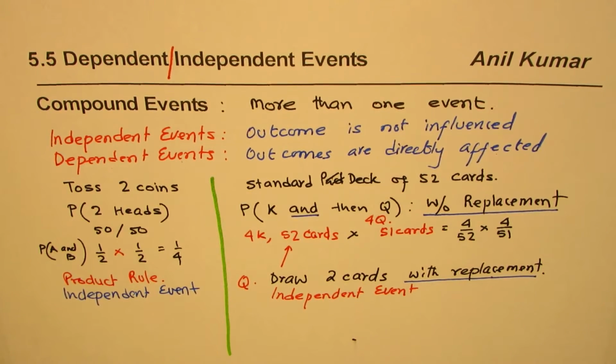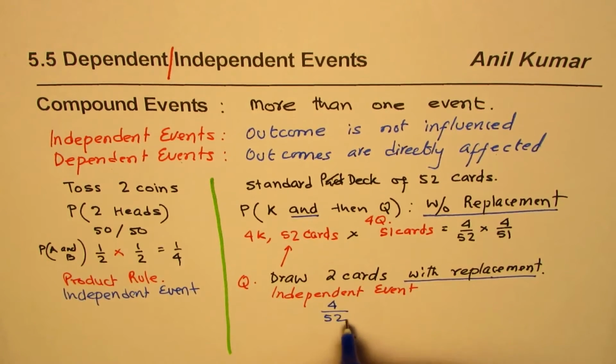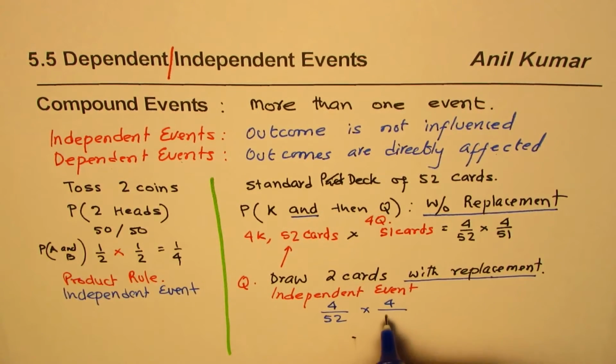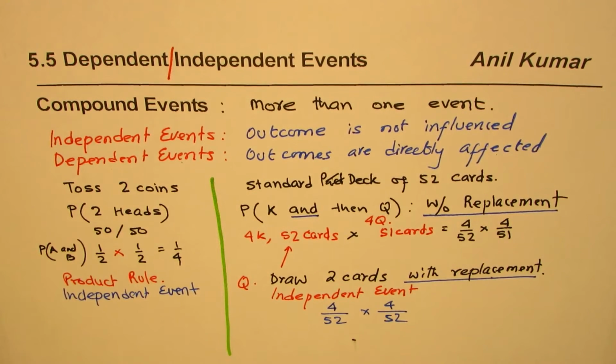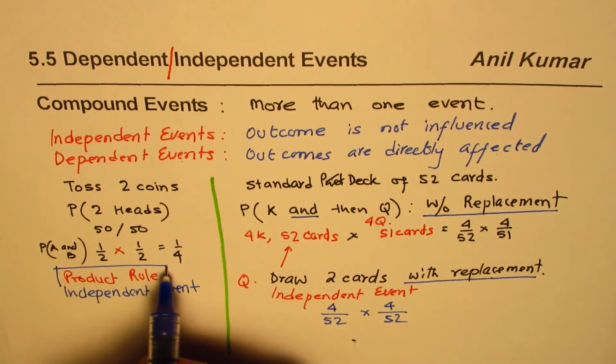It's independent, as if it doesn't matter which operation is done first. You get it? So in this case, the probability will be 4 over 52 times 4 over 52. The important thing is, whether the events are dependent or independent, the product rule is applied.